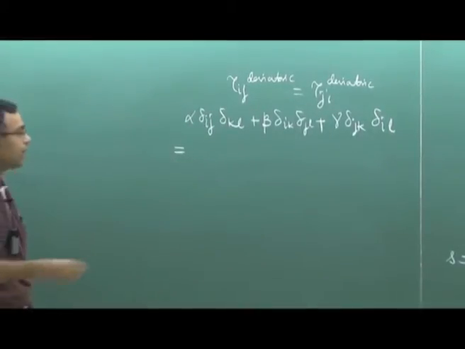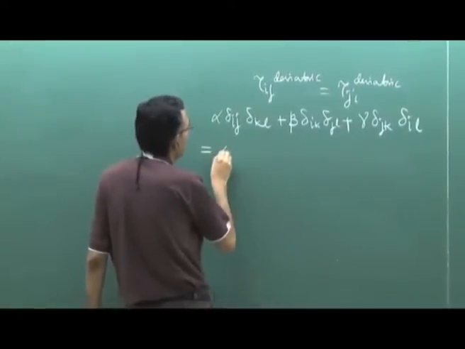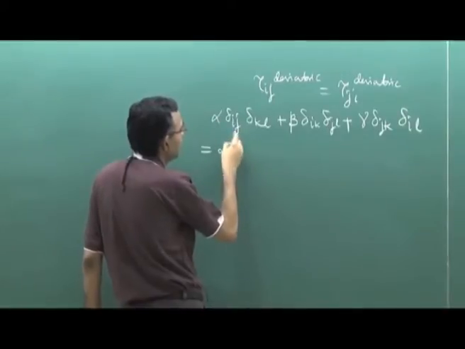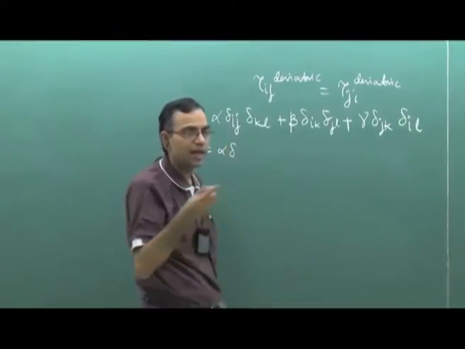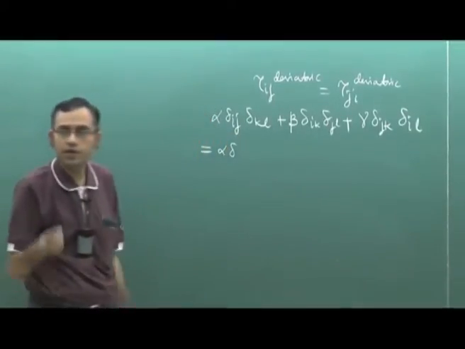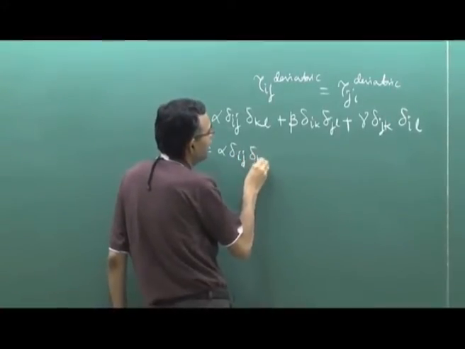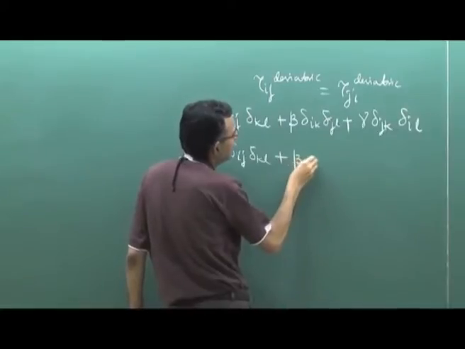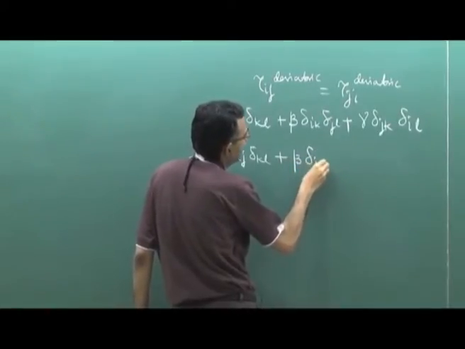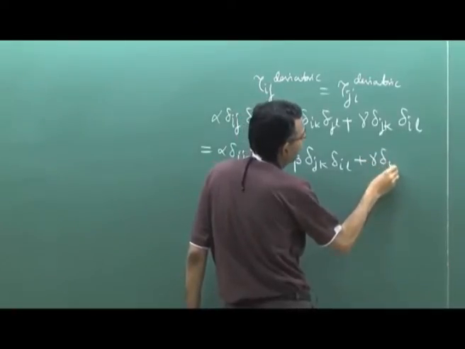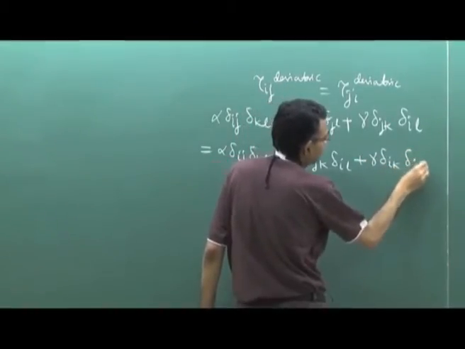So if we swap i and j, this will become alpha delta_ji, but delta_ij and delta_ji are the same. Delta is a symmetric tensor. So you can write delta_ij again delta_kl plus beta delta_jk delta_il plus gamma delta_ik delta_jl.